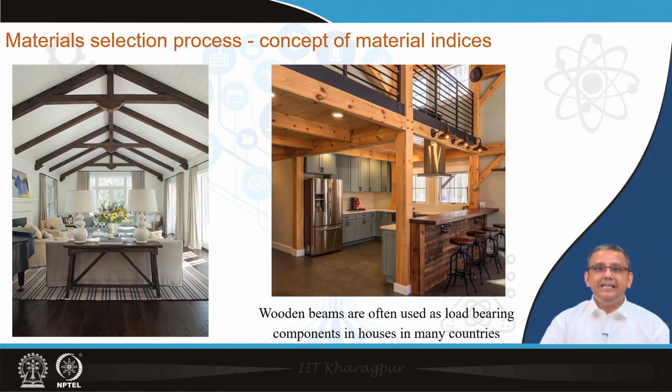This is the reason that in many countries wood is used for building applications, because wood is a very good light stiff material for bending applications. Metals are very much inferior to wood in this particular aspect.